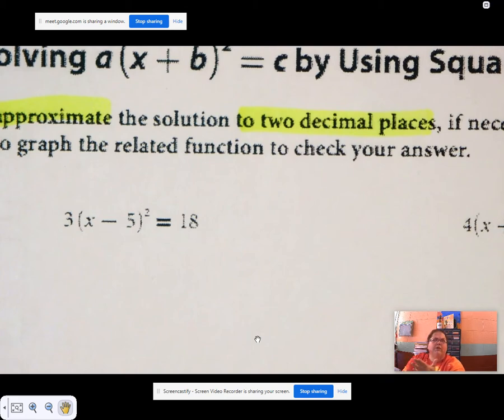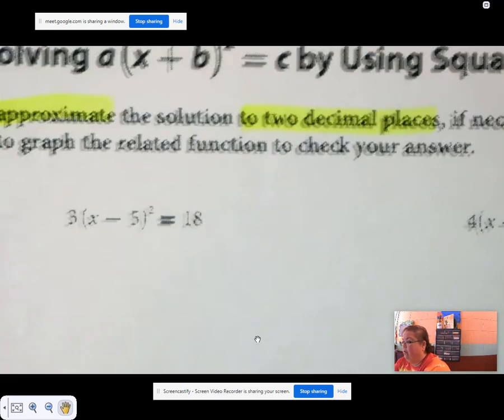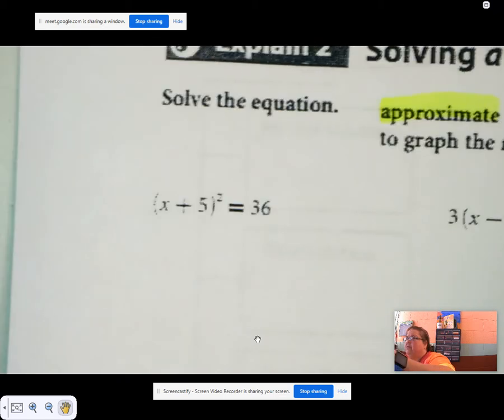On your homework, it's going to say get your answer in radical form and then check with your calculator. We're not doing that. Okay? Radical form means to leave the answer with the square root. We're always getting decimal answers, okay? So in your homework, don't let that confuse you. We're always doing it like we are doing our notes, okay? So let me just tell you that before that comes up.